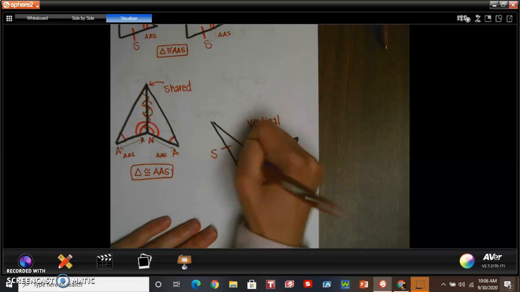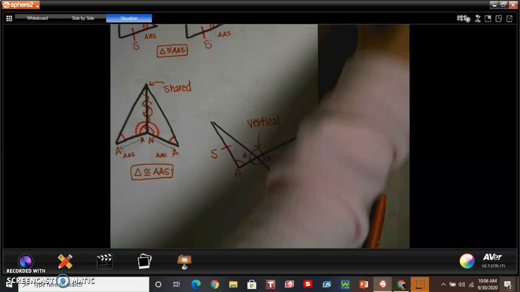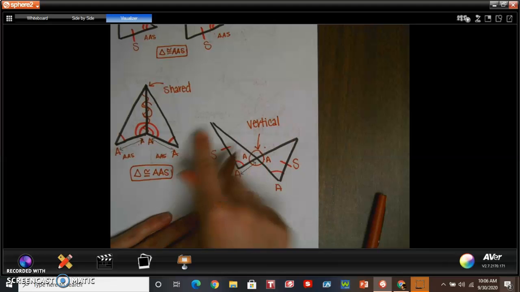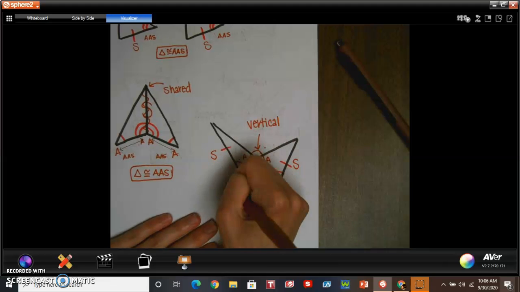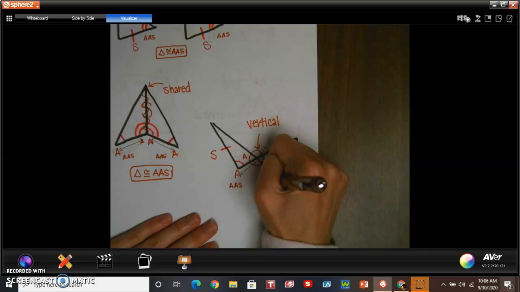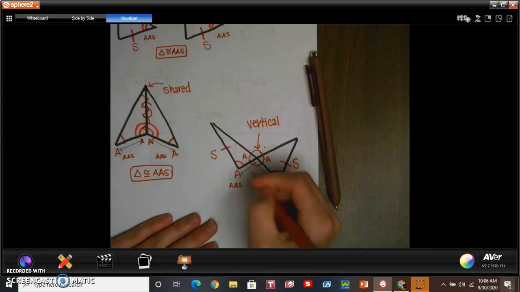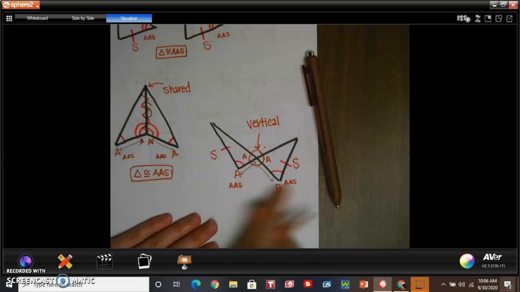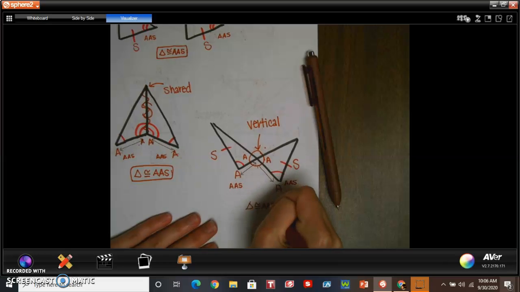So I'm also going to give those an A. So whenever I connect my A's on this side, I notice my side is not in between it. So that's going to be angle, angle, side. When I connect my A's on this one, I notice my side is not in between it again. So this one is also angle, angle, side. They match, so therefore the triangles are congruent by angle, angle, side.